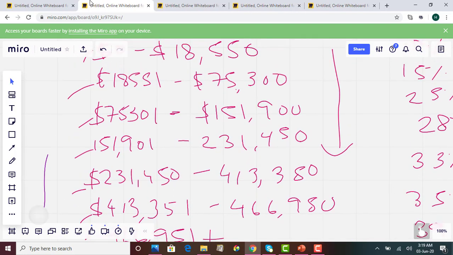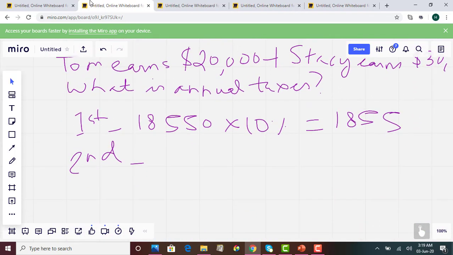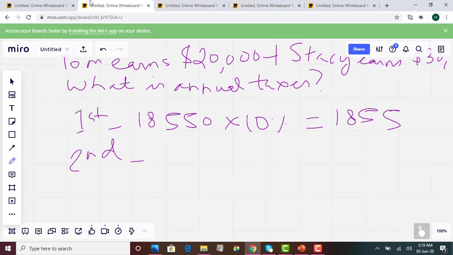The second level's maximum is 75,300, but even together they are not earning 75,300. They're only earning up to 50,000. So we will use 50,000 as the upper limit, because that's the max they're earning, minus 18,551, times 15%.